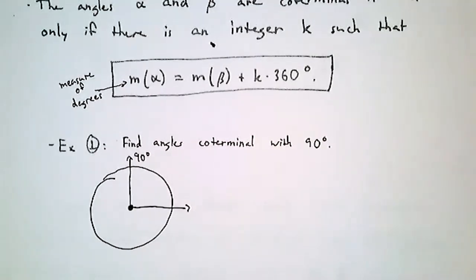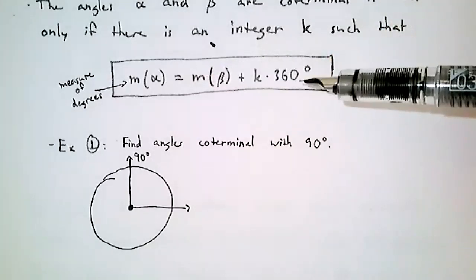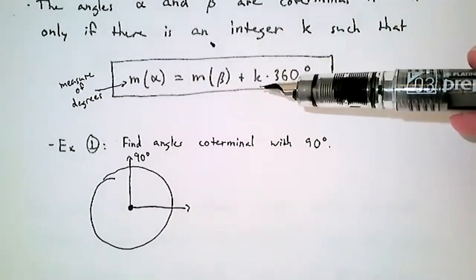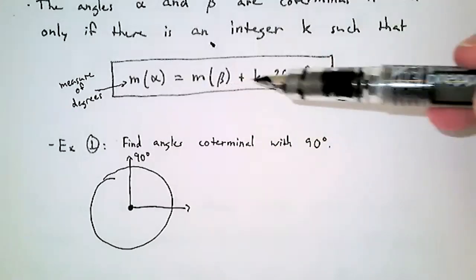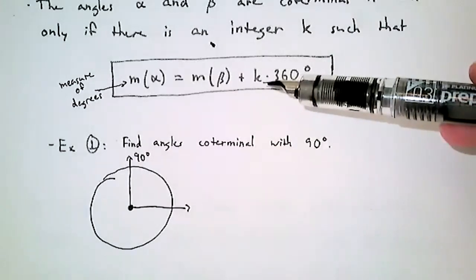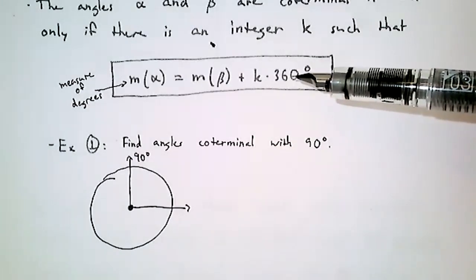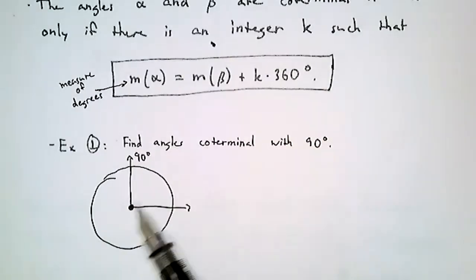And the way that I want to look at this is just by looking at this formula. So what I need to do is I take my angle, 90 degrees, and then I add some whole number times 360 degrees. And then after we do that, I'm going to explain what it means geometrically.